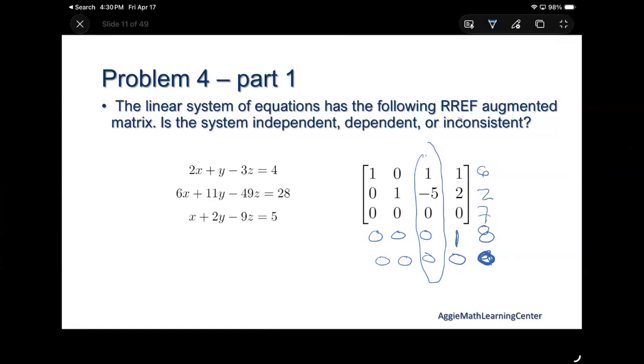If this is a 0, leaving everything else the same, then this column means that it's still a dependent system because there's a free column. There's a variable, I'd call that an X, a Y, a Z, maybe a W, and the Z doesn't get defined, because there's no leading entry in this column.